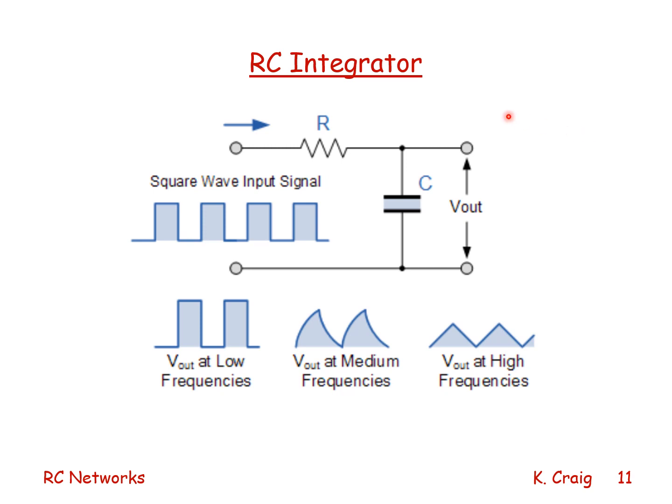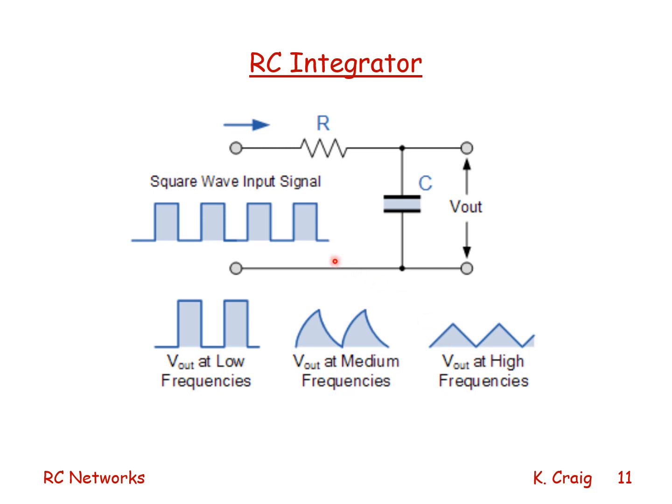Here we see our RC integrator. The RC circuit behaves like an integrator when the frequency that I'm dealing with is 10 times greater than the bandwidth. So at high frequencies, the integration of a square wave is a triangle wave. The integration of a constant is a ramp.